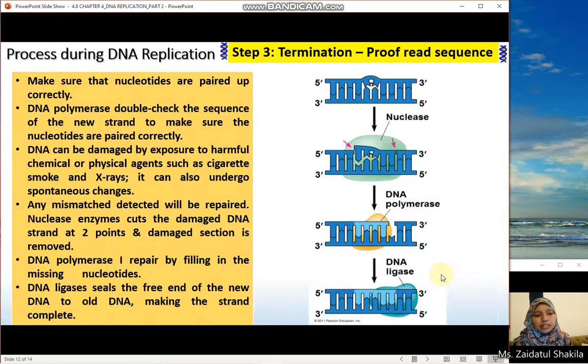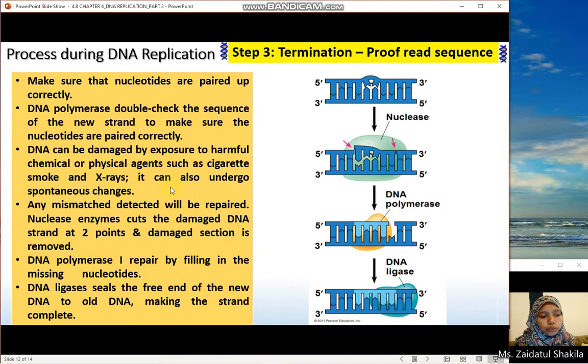The last step is termination, for proofreading the sequence to ensure that all nucleotides are paired up correctly: A with T, G with C, with no RNA primer. DNA polymerase will double check the sequence of the new strand to make sure the nucleotides are paired correctly. DNA can be damaged by exposure to harmful chemical or physical agents such as cigarette smoke and X-rays.